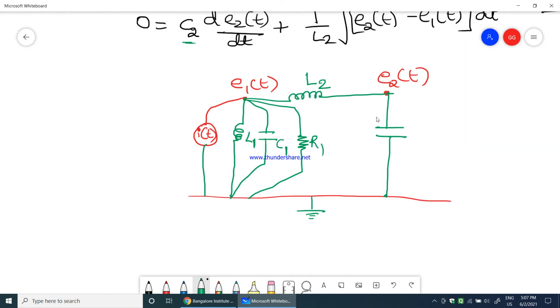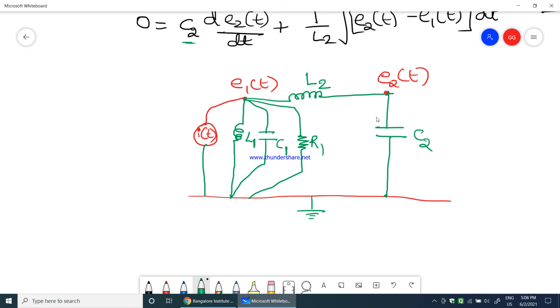Force is current, mass is capacitor C1, damper is resistor, spring is inductor. Okay, and this is the capacitor for mass 2. Therefore, once you write the force current analogous network, just see that the structure of that network is similar to the structure of the mechanical network.